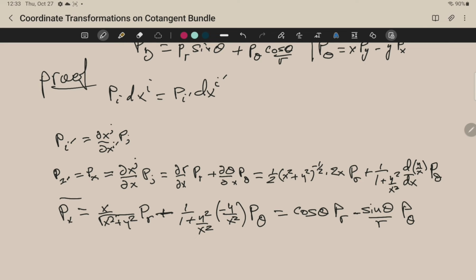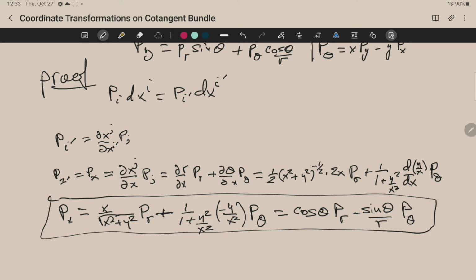So that's px. Let's call this equation 1.